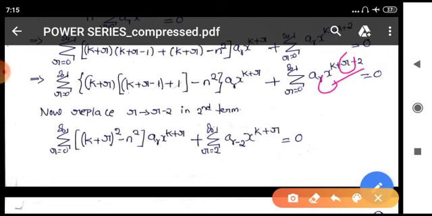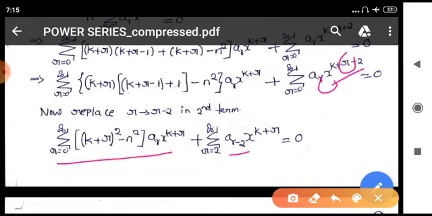So if I replace r by r minus 2 in the second term, what I get is summation of a r minus 2, x power k plus, then minus 2 and plus 2 cancel. What I get is x power k plus r.